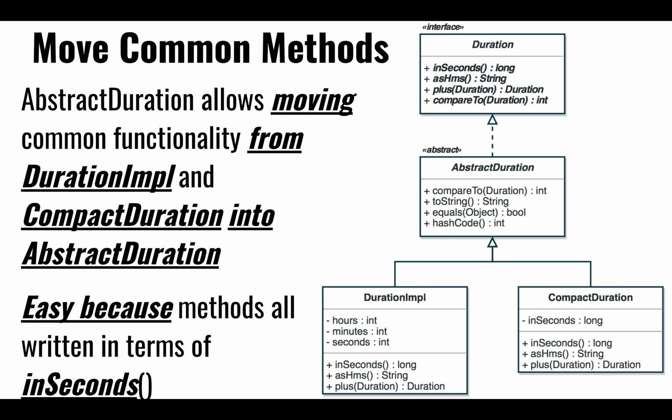Some of the other ones are not. The other ones do have some dependencies on the internal workings of that particular implementation, and we're going to have to think about those a little more. Some of them do depend on knowing hours, minutes, and seconds, so those we can't just move around. The other ones only rely on just the underlying seconds, so we can move them very easily.